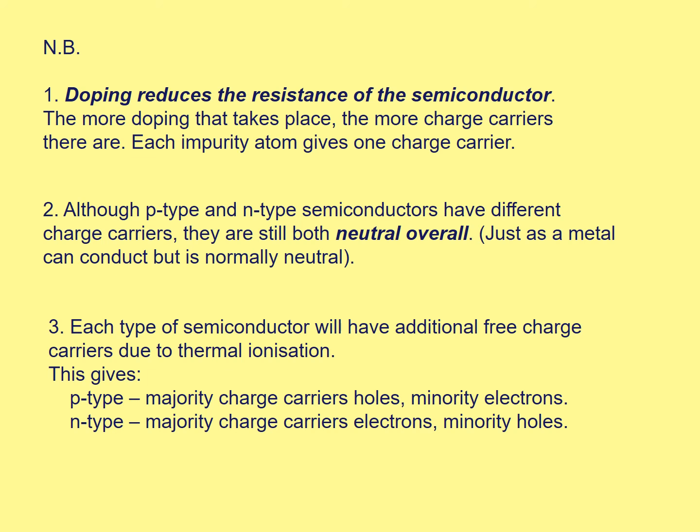In the n-type material, the majority charge carriers are electrons and a minority are holes. So there are more electrons free to move. The addition of impurity decreases resistance, irrespective of whether it's p-type or n-type, and some conduction will take place due to thermal energy in either an intrinsic or an extrinsic semiconductor material.